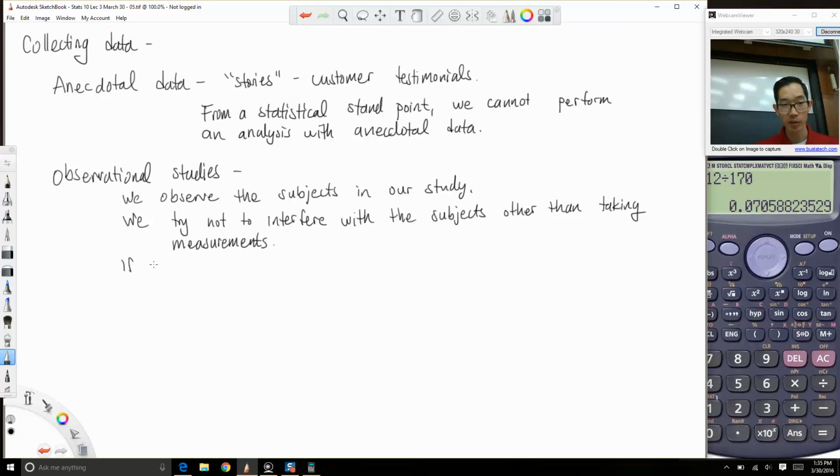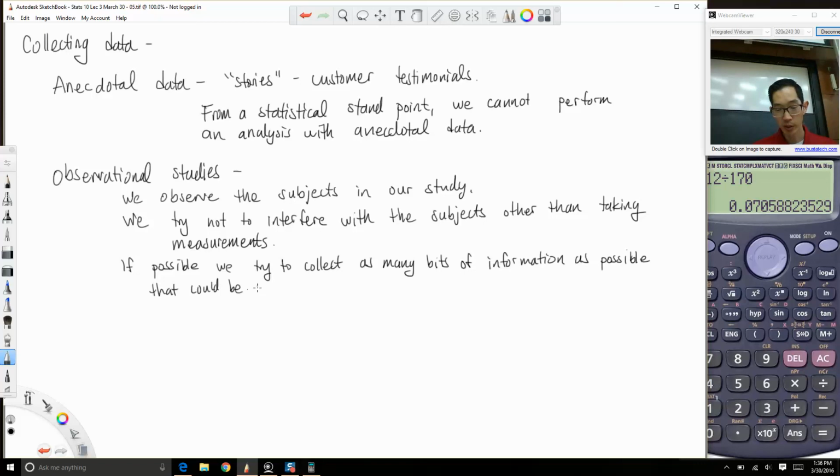Okay, and if possible, we try to record as many bits of information as possible that could be related to the phenomenon that we are studying.